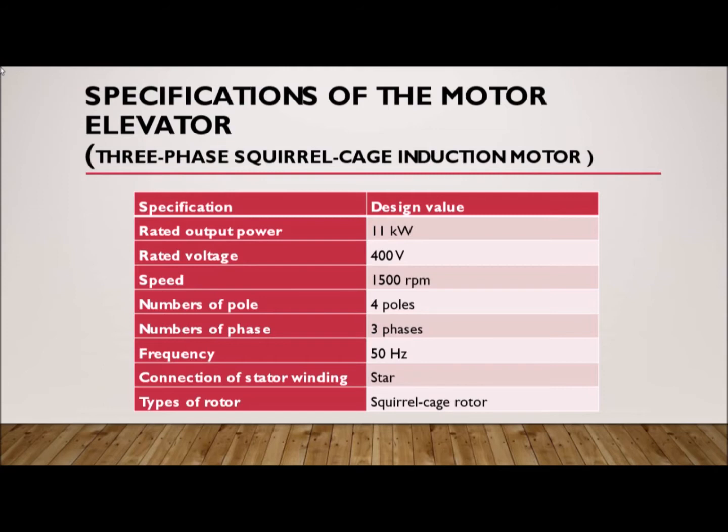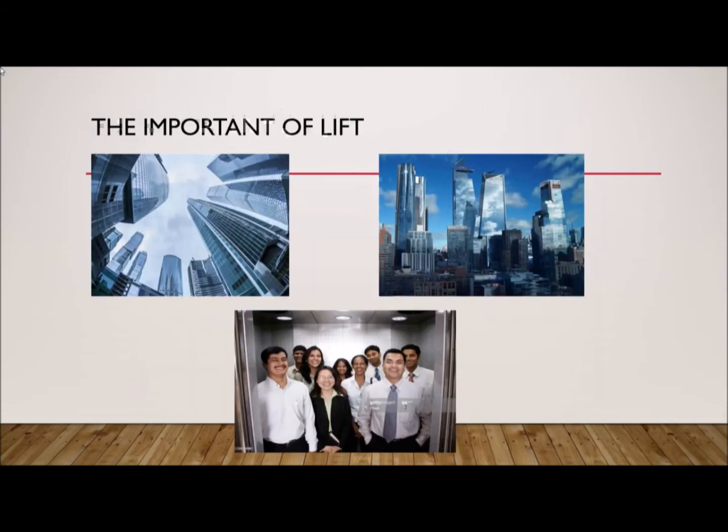Speed: 1500 RPM. Number of poles: 4 poles. Number of phases: 3 phase. Frequency: 50 Hz. Connection: delta. Type of rotor: squirrel cage rotor.